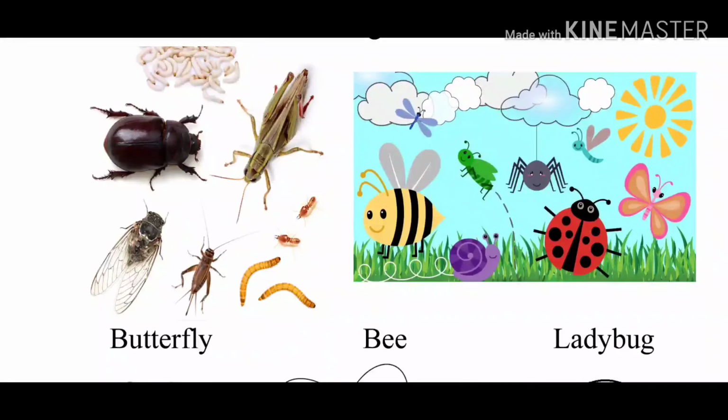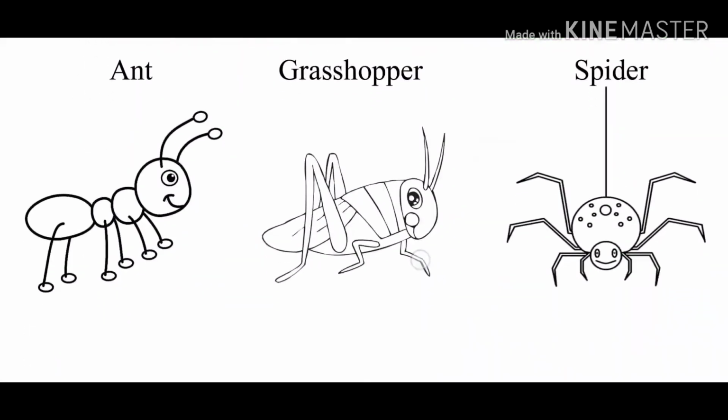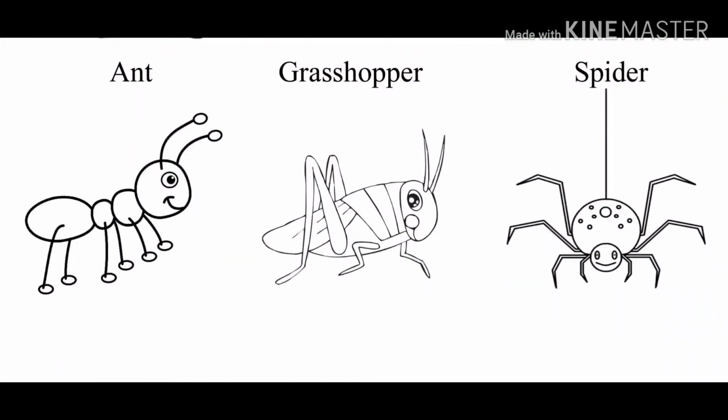Okay, and the final bug for today is right here. Do you guys know what this is? As you could see, he's hanging from a web that's above him. That's right. We call this a spider.